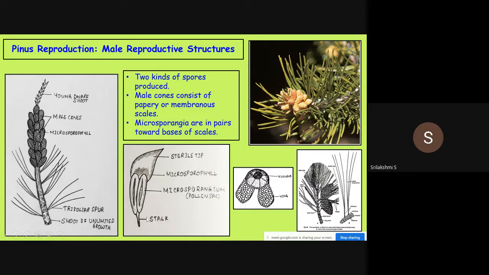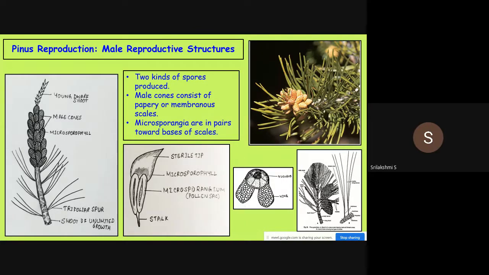Now these microsporangia or pollen sacs, if you observe in this diagram, you can see there is a central line of dehiscence. Now these microsporangia will bear numerous microspores or pollen grains. Now one of the unique features of Pinus is that the pollen grains have wings.